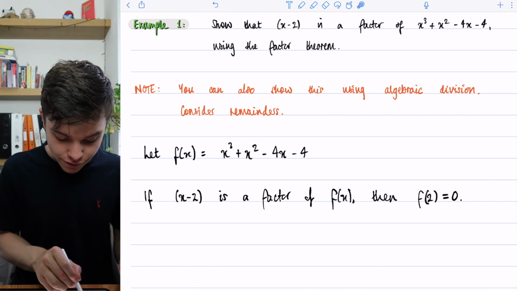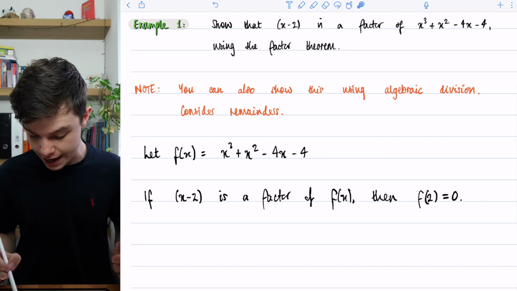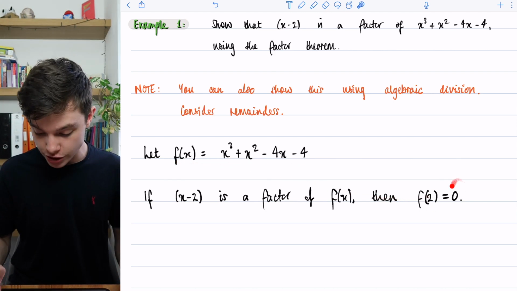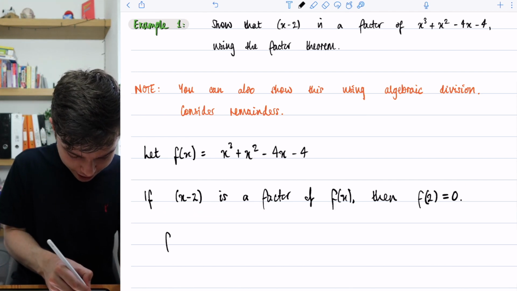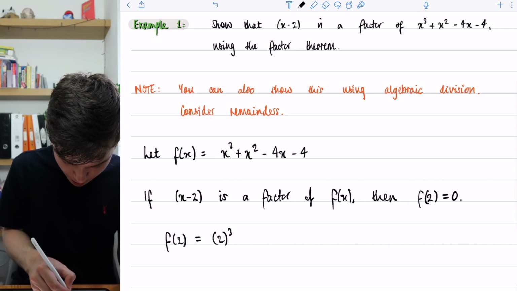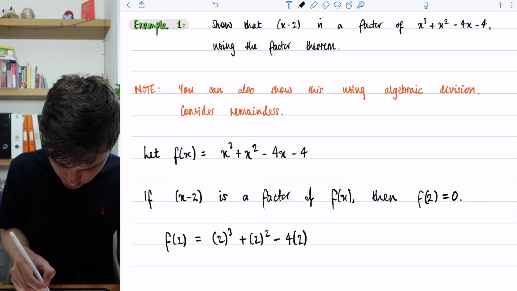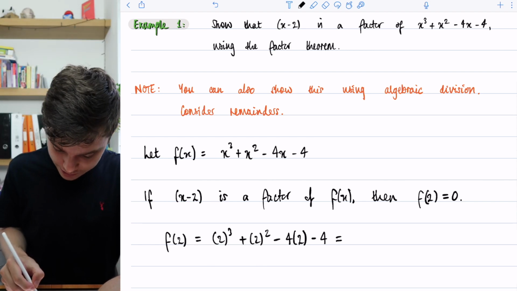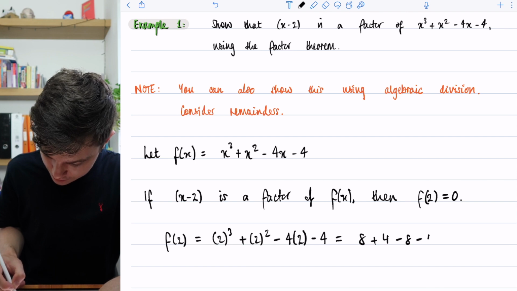Now, we know what f of x is, it's this cubic, so all I'm going to do is substitute in 2 into here and see whether we get 0. If we do get 0, then x minus 2 is a factor. So f of 2 will be equal to 2 cubed plus 2 squared minus 4 lots of 2 minus 4. And when you put that into your calculator, you get 8 plus 4 minus 8 minus 4.